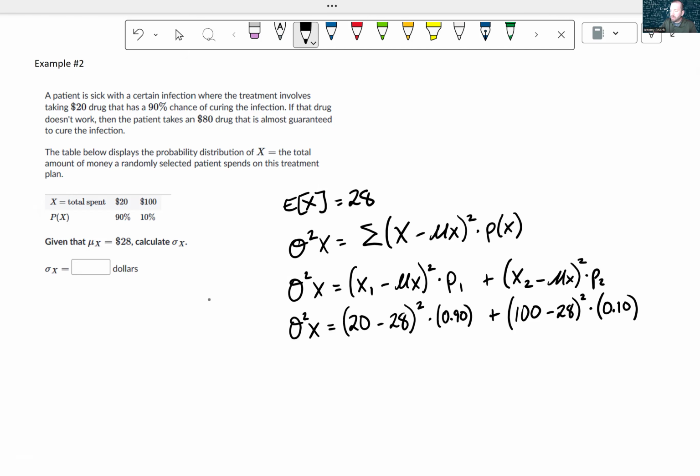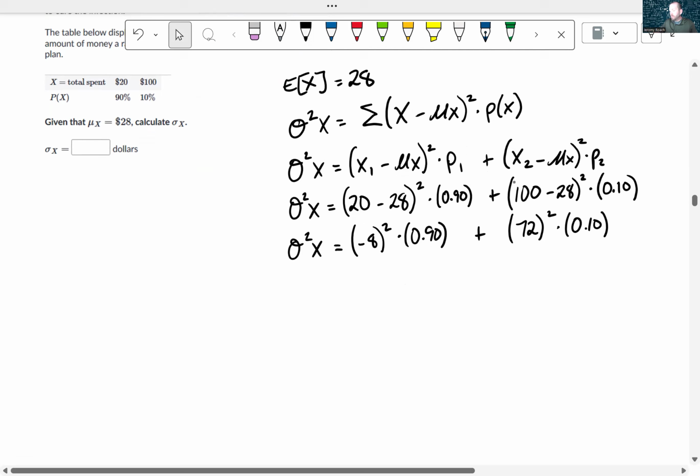So we're doing the same thing as example one, except we only have two different items to add together here. So now this is -8 squared times 0.90 plus 100 minus 28, which is 72, squared times 0.10.